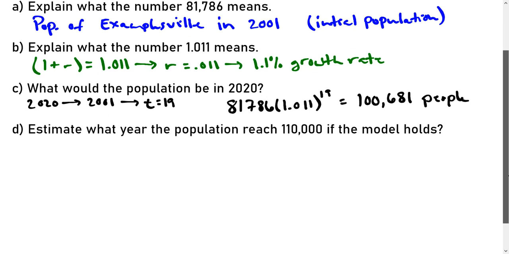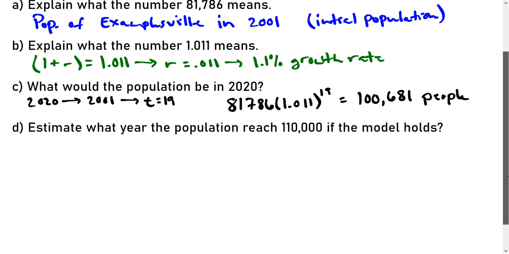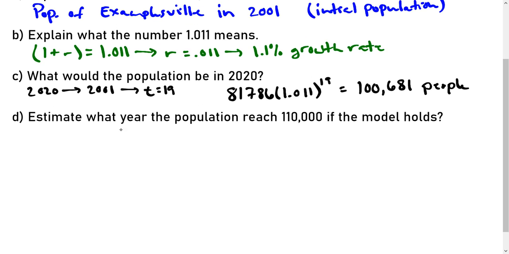Okay, so the last part of this question is the one where it's really going to be stuff that we're going to look at more specifically later in this unit. But it's asking me to estimate the year in which the population will reach 110,000 if the model holds. So when you see estimate, what that really means is take some guesses.